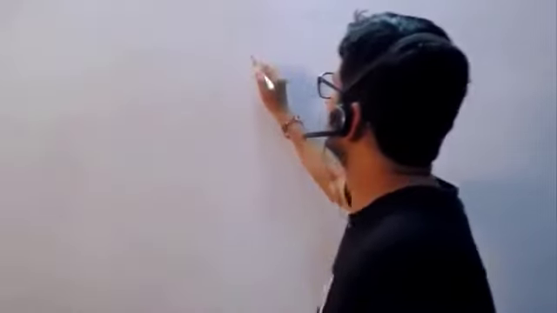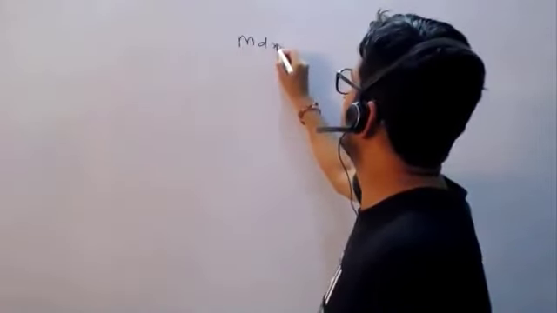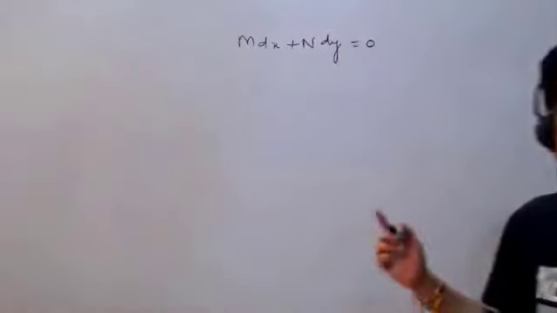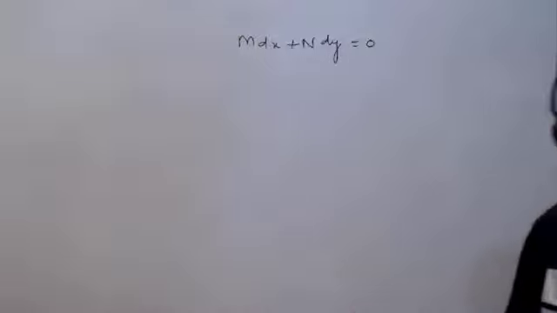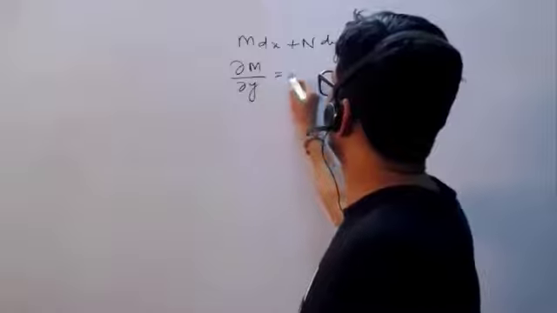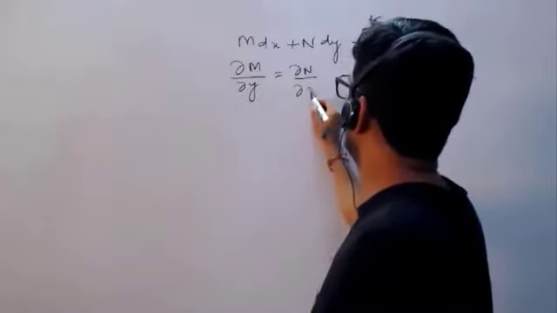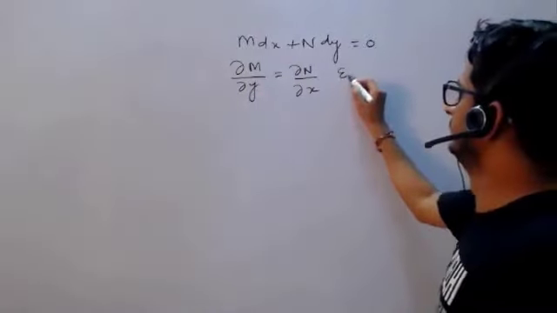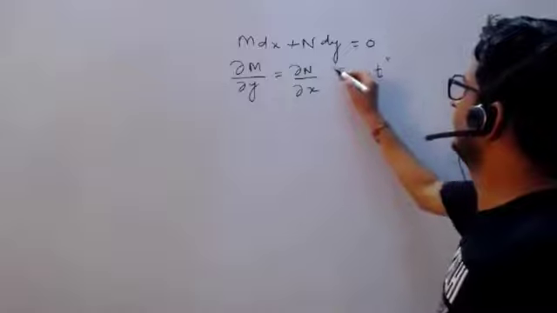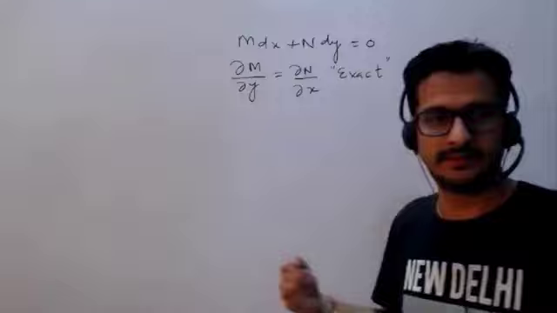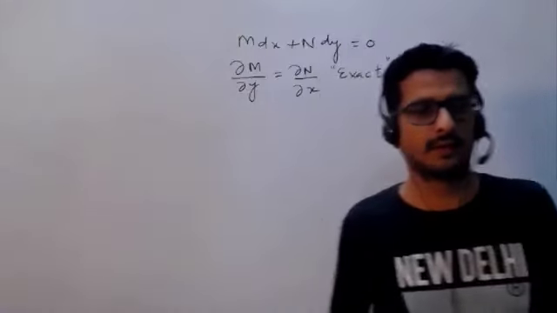I told you that suppose the equation was of this type, M dx plus N dy equal to 0, and if del M over del y is equal to del N over del x, then the equation is exact, and we can directly write the solution of the equation.